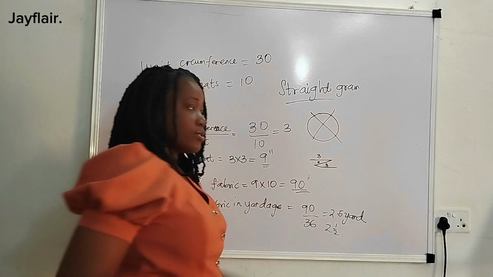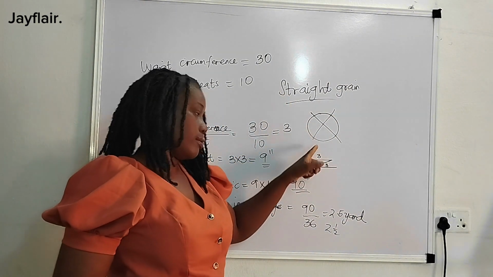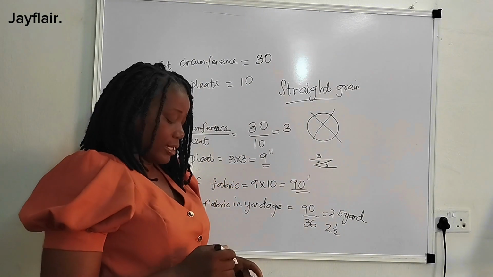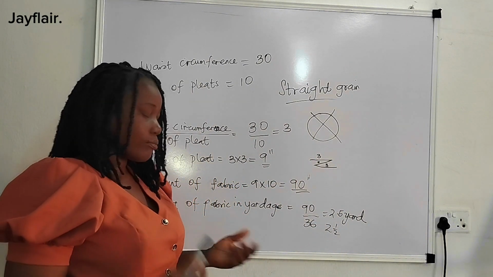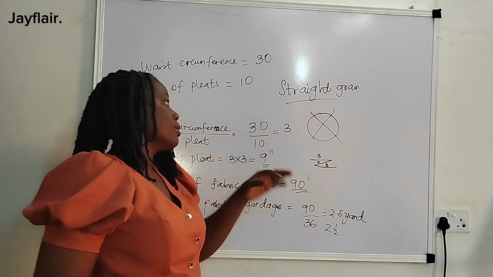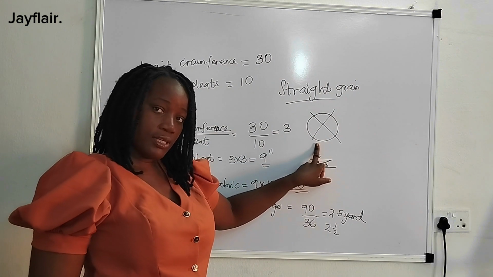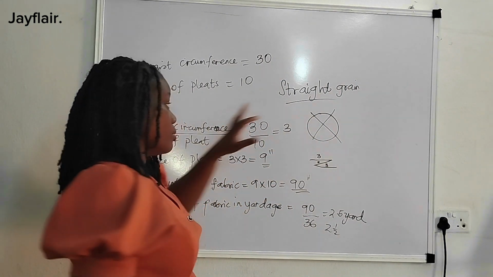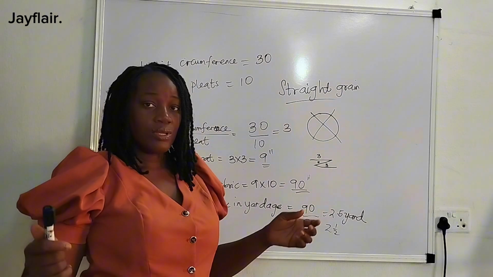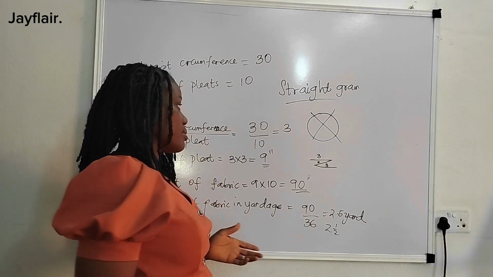There is a way to calculate for a circle, like if you're making a peplum, 360, 720, and you want to have pleats. There is a way to calculate for that. This method is for straight grain. So I'm going to teach you how to calculate for a circular base.